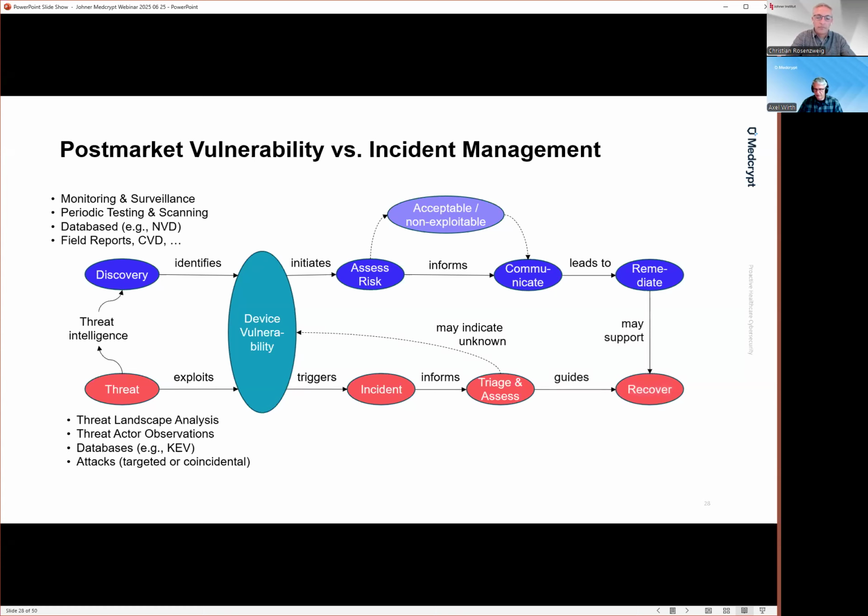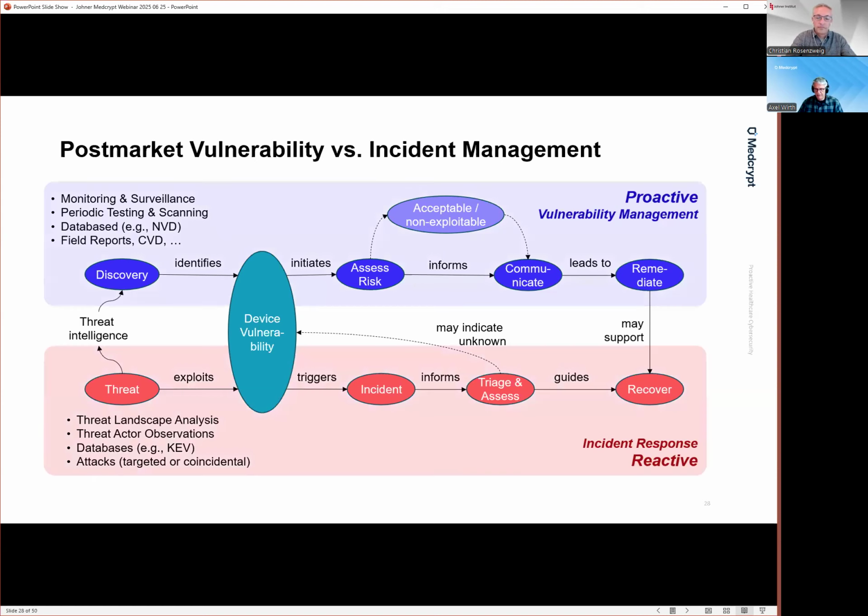And then the other connection is obviously that your triage of an incident, of an actual security event, then guides the recovery, and that recovery may be supported by the remediation you developed as part of your overall post-market vulnerability management processes.